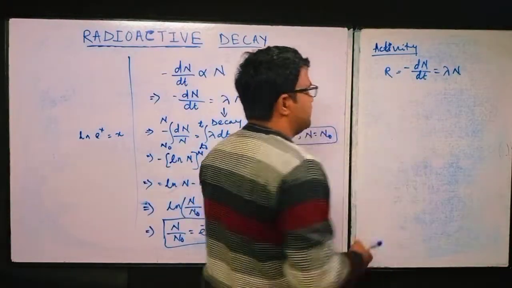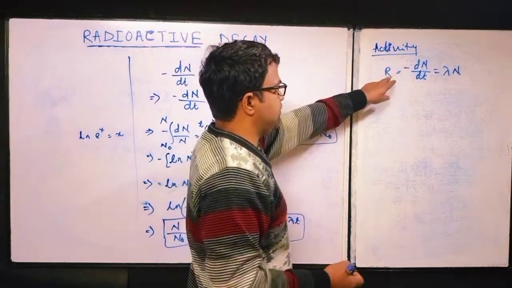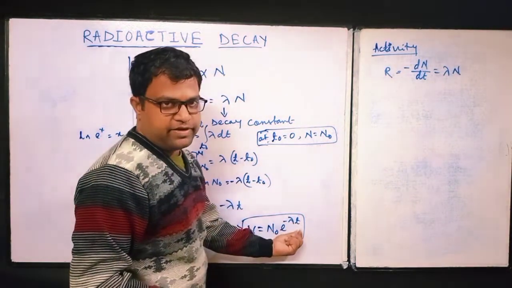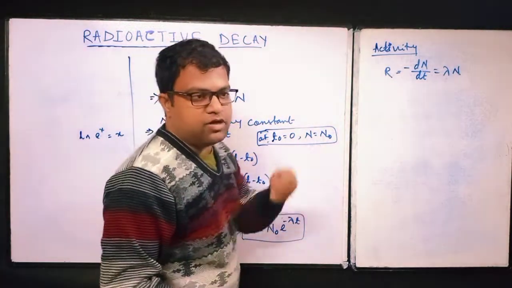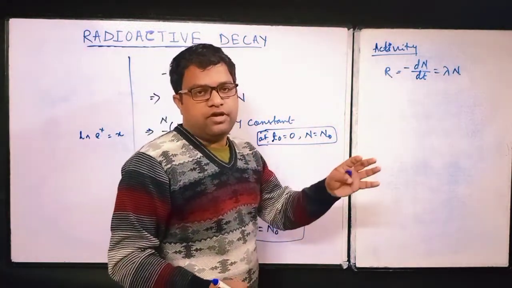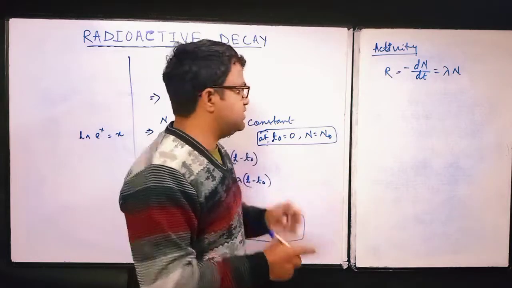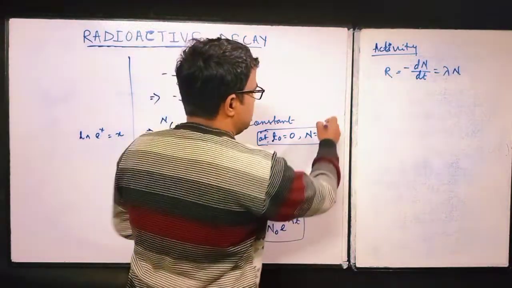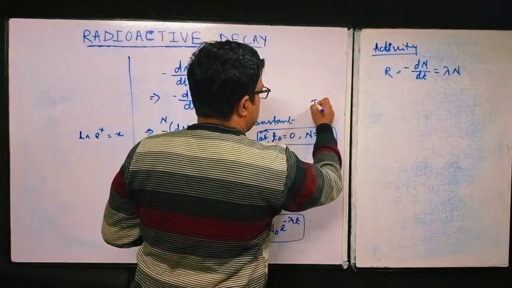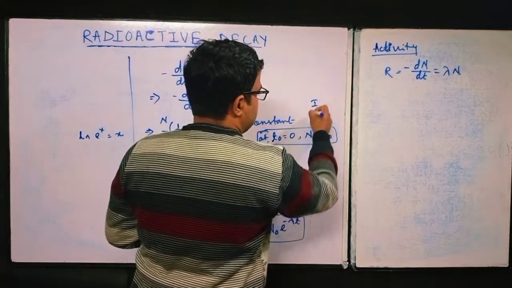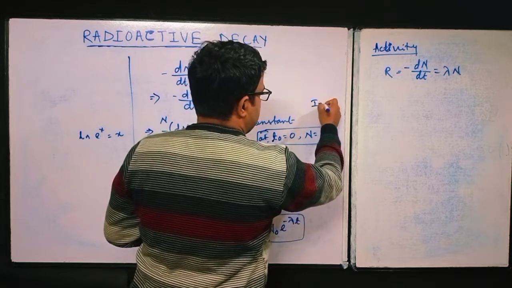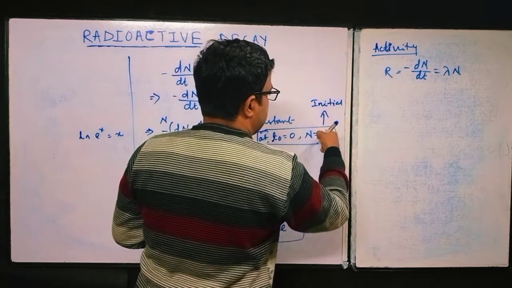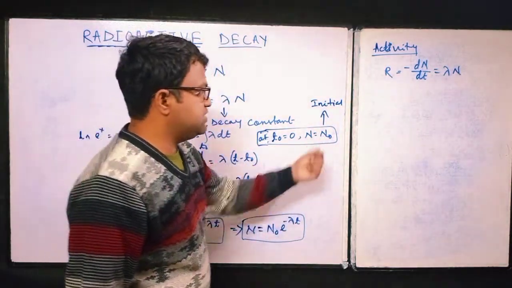So what can we write for R? N we got, what is n? n0 into e to the power minus lambda t. After time t, how many radionuclei will be left in the sample? That is your n. n0 is the initial amount of nuclides present in the sample.